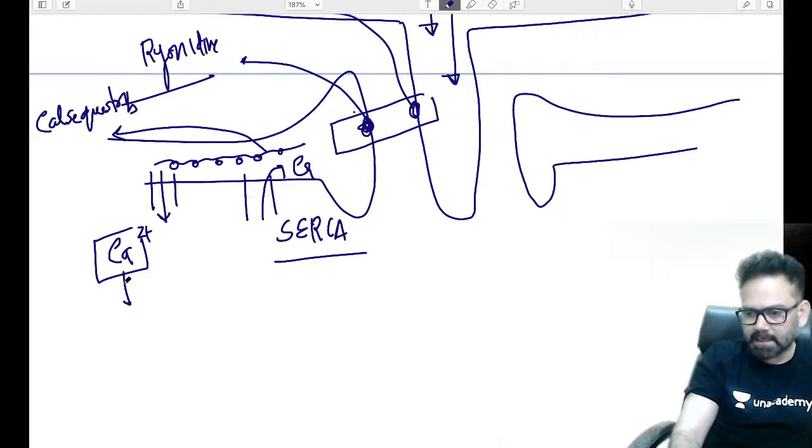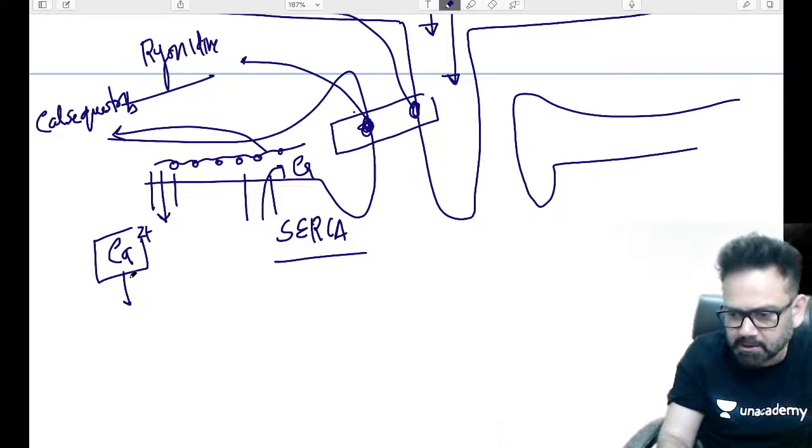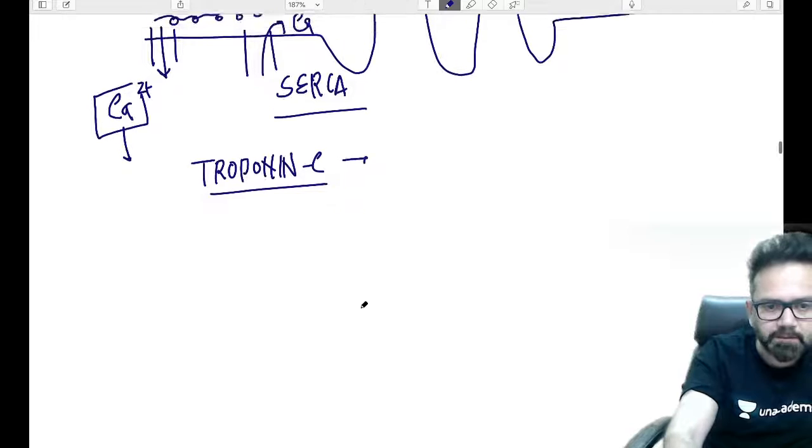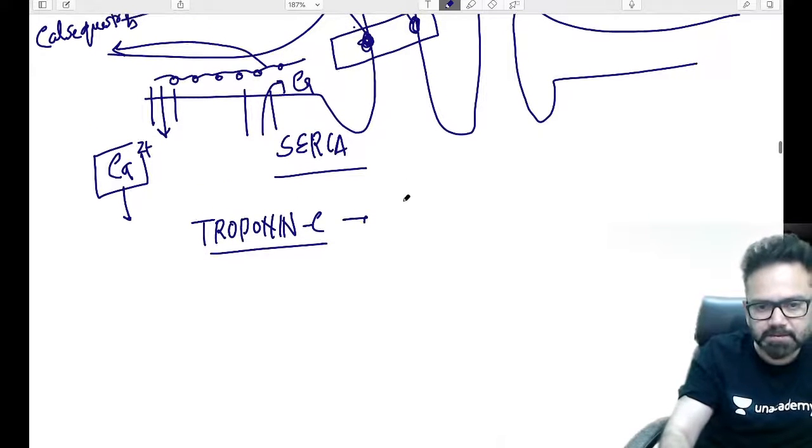Who will tell me what is the exact mechanism? This calcium binds with what? This calcium binds with troponin C, and after that it will cause a conformational change.